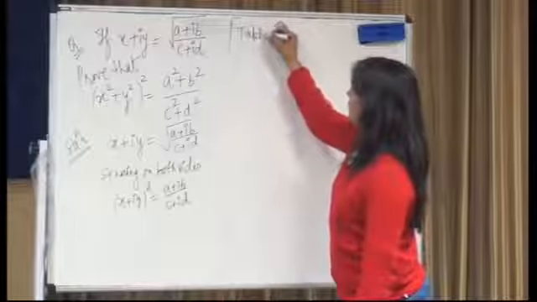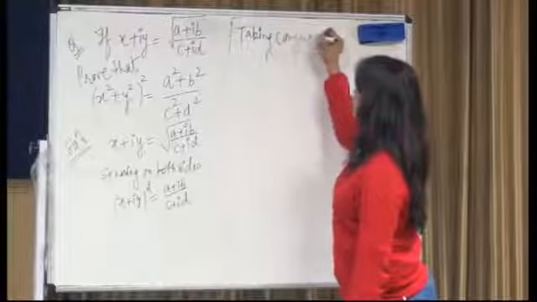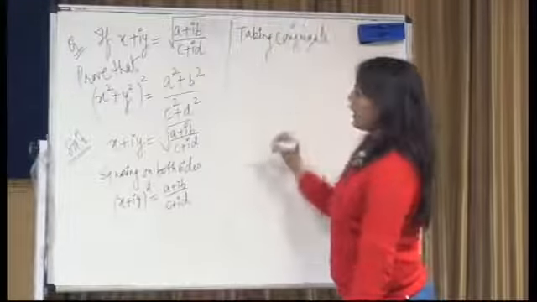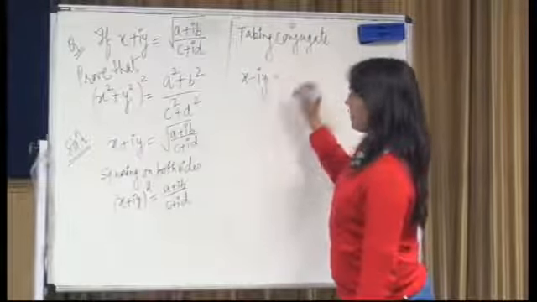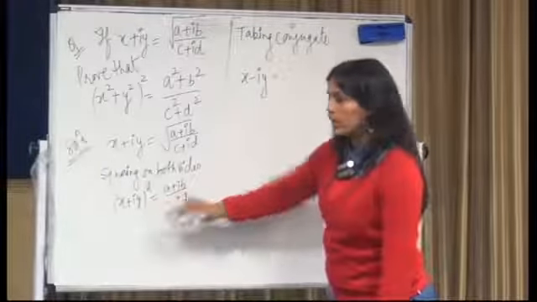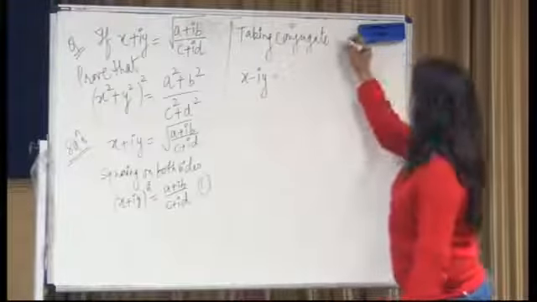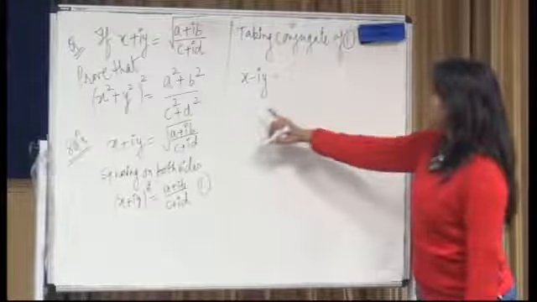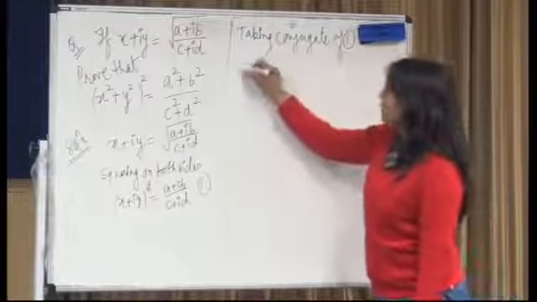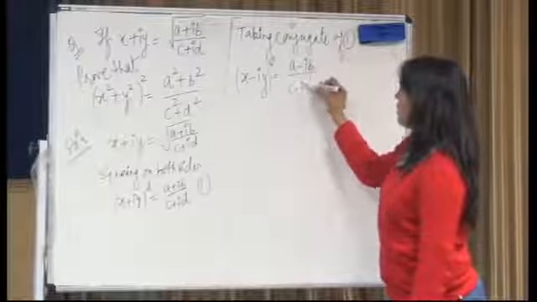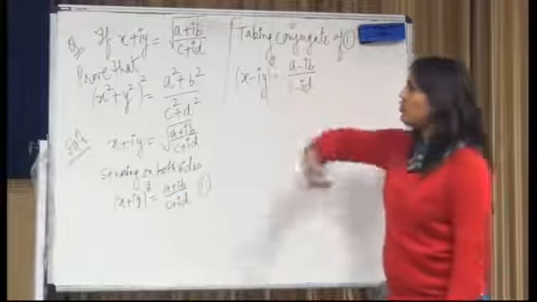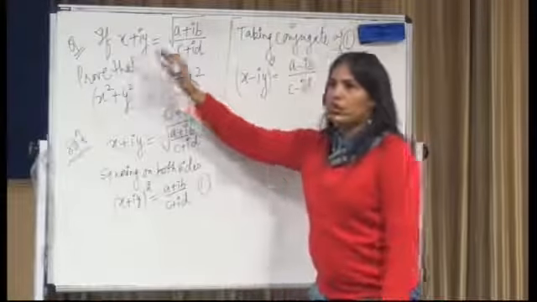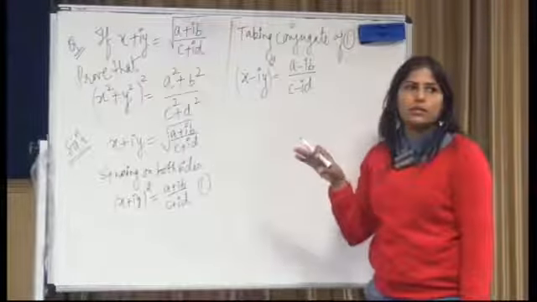Taking conjugate, it will be easy. Take the conjugate of this one. So it will be x minus iota y whole square equals a minus iota b upon c minus iota d. Now you can easily see this is a plus b, a minus b, and we need a square plus b square, and you know that when we multiply this, only then we will get it.